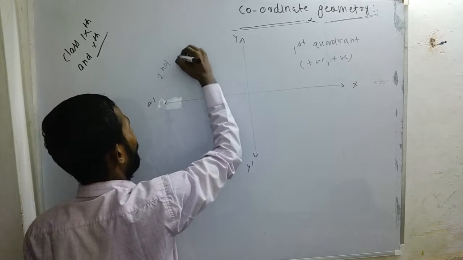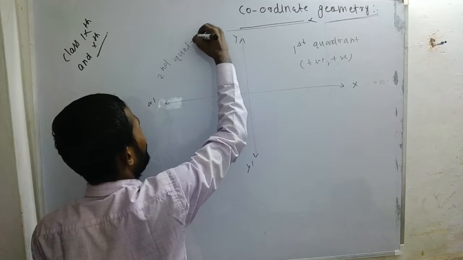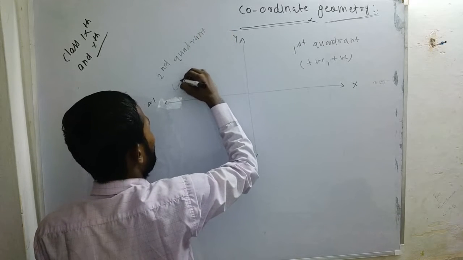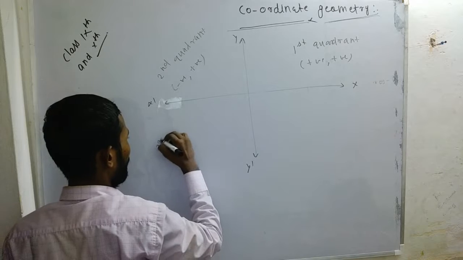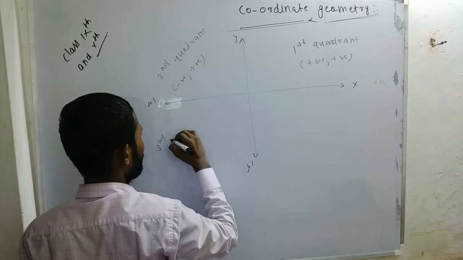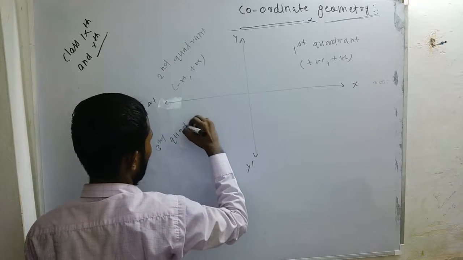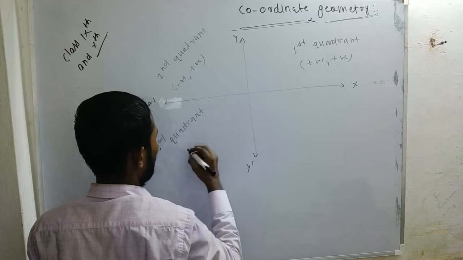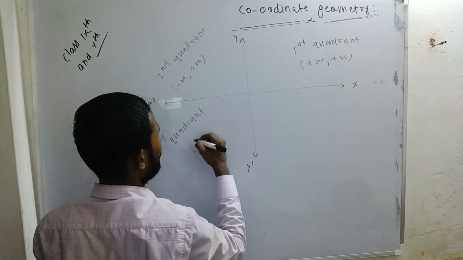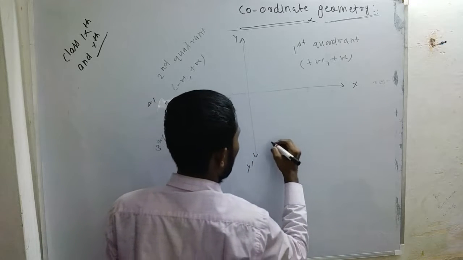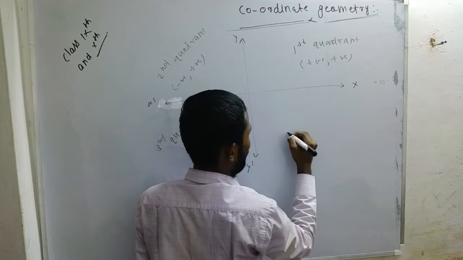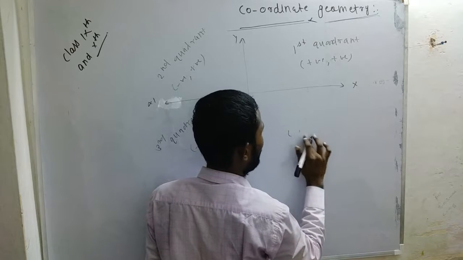This is called the second quadrant, in which we take always negative. This is called the third quadrant, in which we take always negative. This is called the fourth quadrant, in which we take positive.